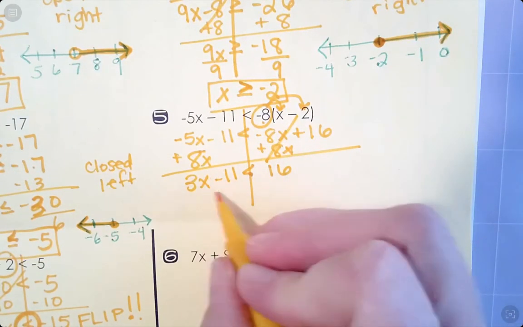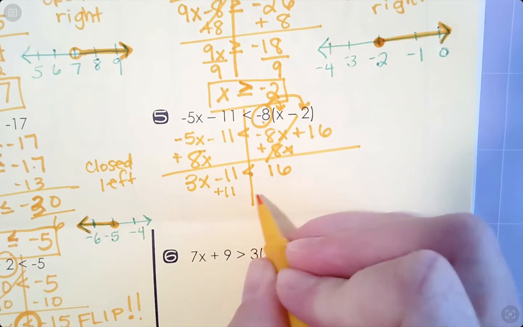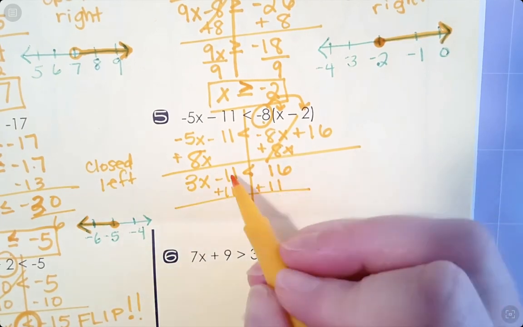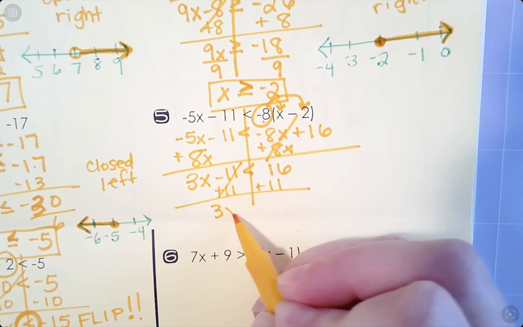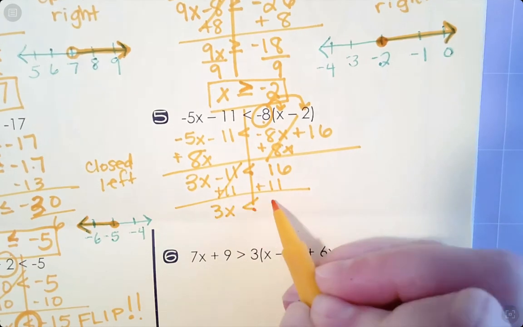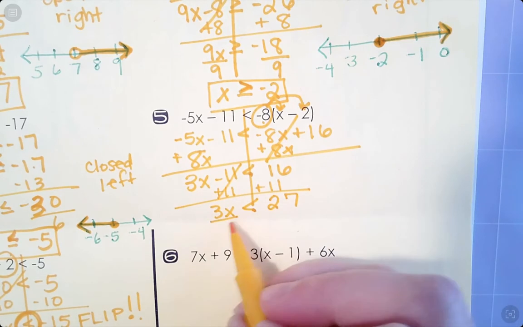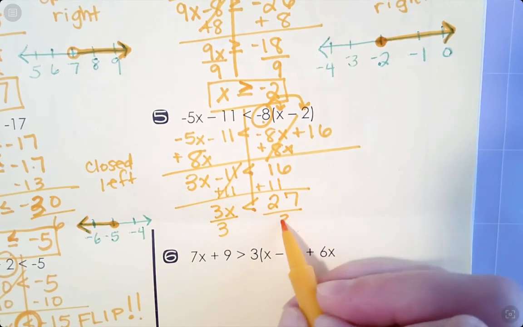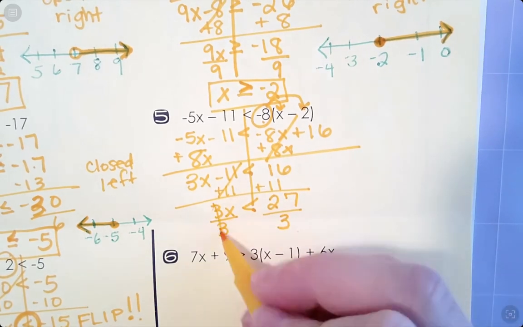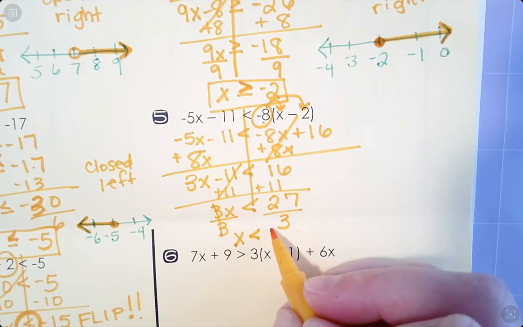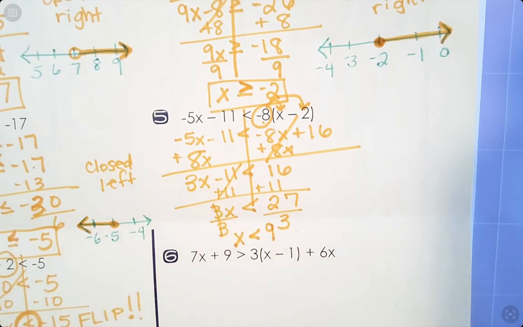Now I need to move this minus 11 by doing plus 11. So it's 3x is less than 27, divided by 3 all the way through. Our symbol stays the same. X is less than 9.